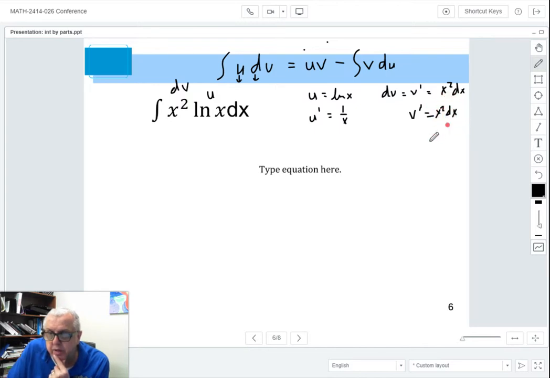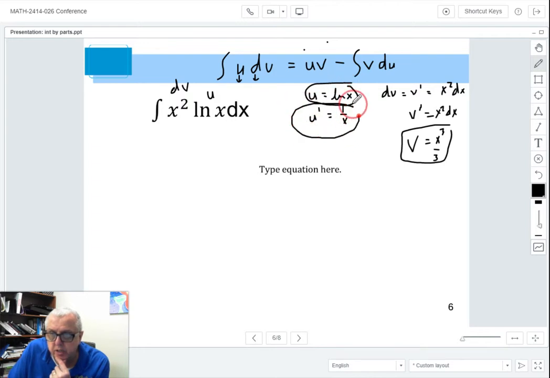If I integrate that, v becomes adding 1 to the power and then putting it on the bottom. This is what v becomes. There's v, there's u prime, and there's v prime. So I'm going to plug all these into the formula.